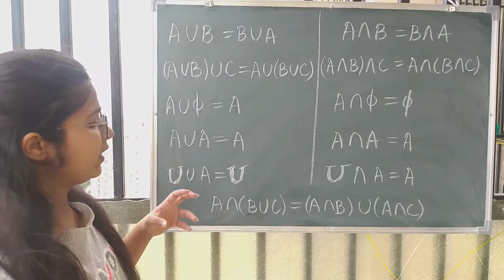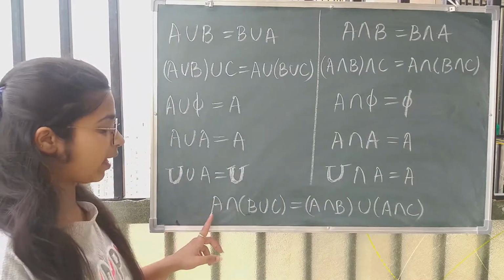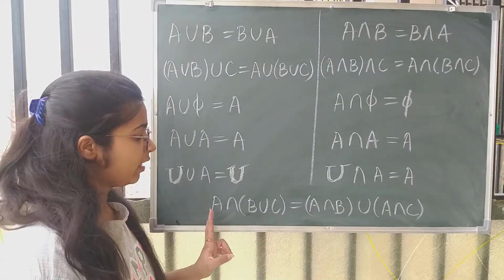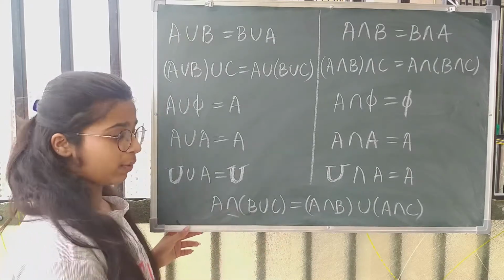Now union and intersection also follow the distributive law, which is if I write A intersection of B union C, I can distribute this intersection over B and C. How can I do that?